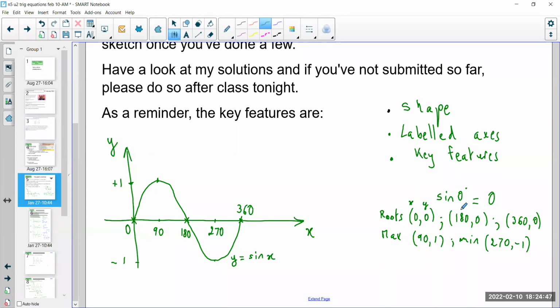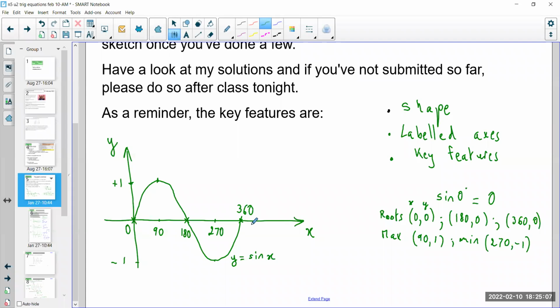If you do that, then you'll know that on x, I've got 180 when y equals 0, and then x 360 when y equals 0. So as long as you look at what you've got on x and then what you have on y, that should be okay.